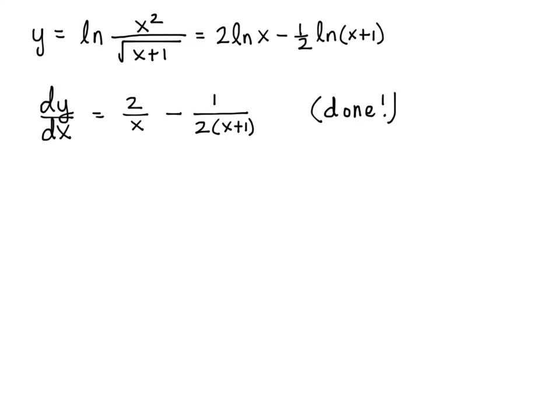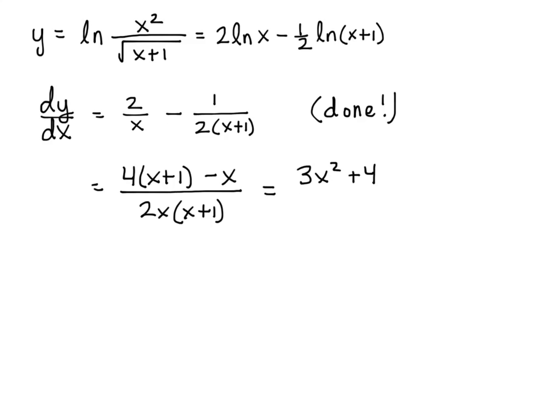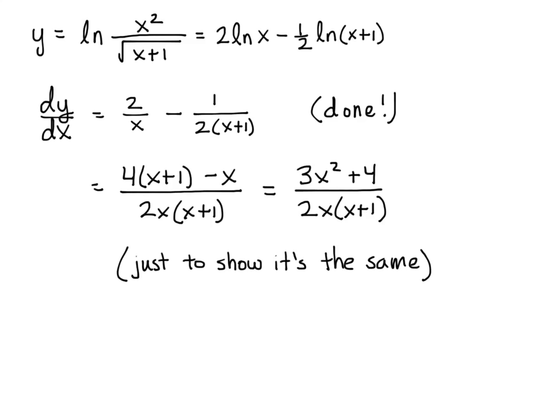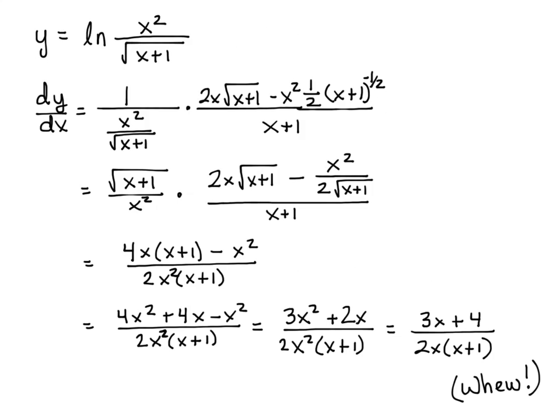But just to show you that I got what I just got, I'm going to do a common denominator and simplify. And that's what I got on the one before. Okay? So, see that? It's 3x plus 4 over 2x times x plus 1.